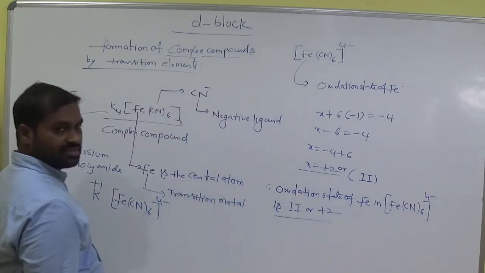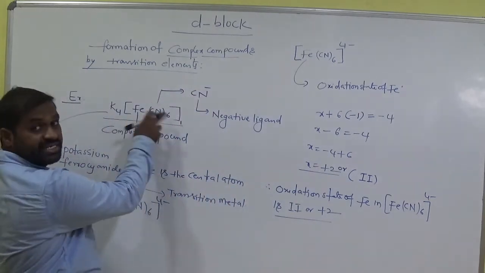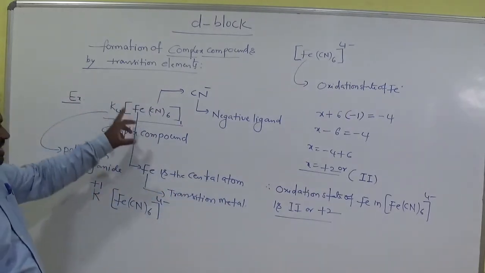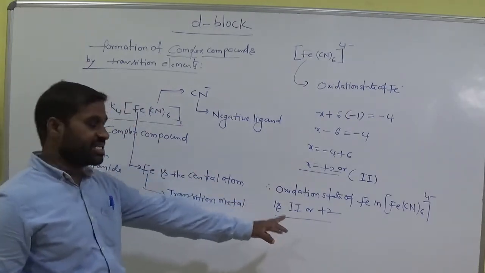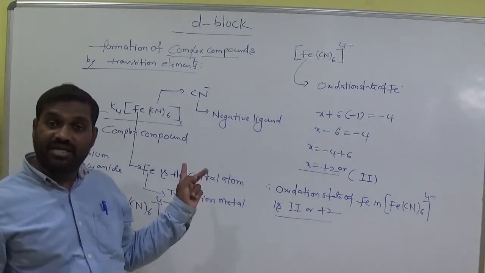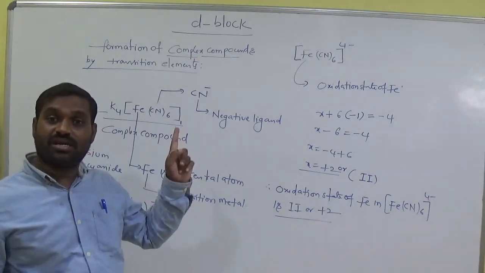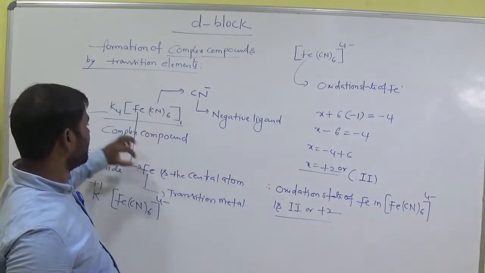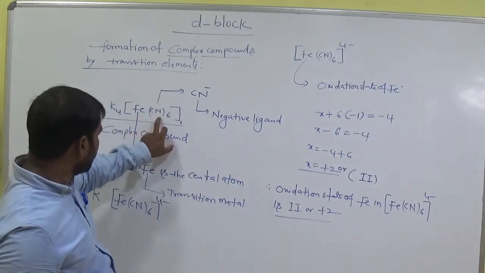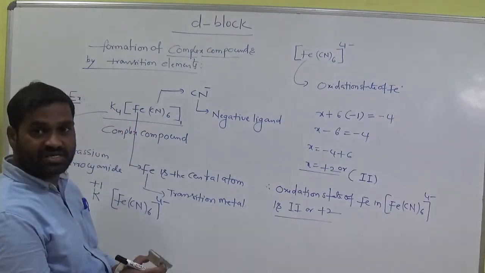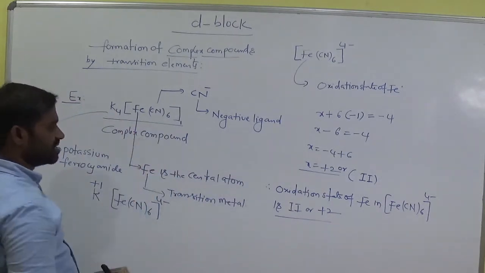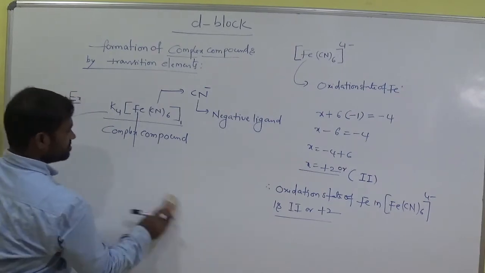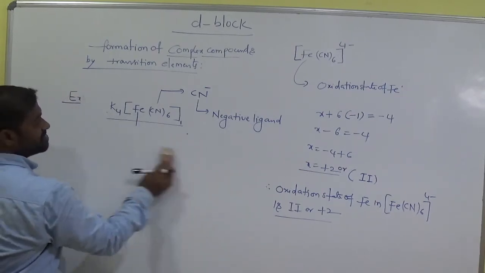We can also calculate using this formula. So this is a complex where iron is in the +2 oxidation state. Iron is clearly a D block element, also called a transition metal. Transition metals are able to form complexes. It consists of ligands and the potassium K4 as well. So a number of atoms are together here. Let's say this one is potassium ferrocyanide.